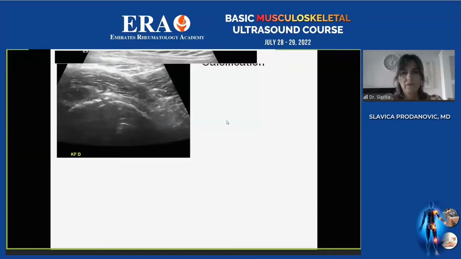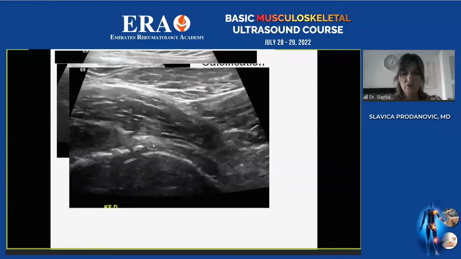And regarding calcification, on these ultrasound images you can see a group of small calcifications. If you expand this image, you can see it better: many small calcifications at the level of the acetabulum and part of the femoral head.